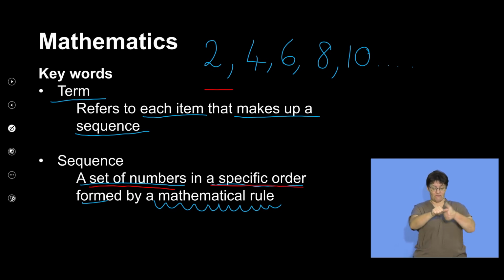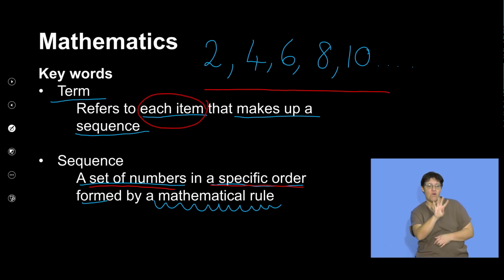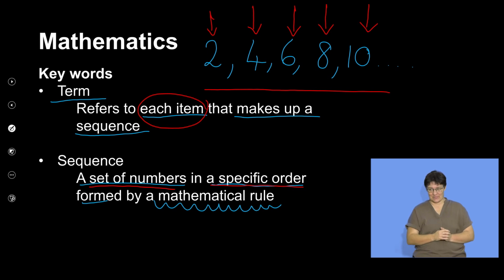A term refers to each item that makes up a sequence. So 2, 4, 6, 8, 10 is my sequence, but it's made up of certain parts. So 2 is a term, 4 is a term, 6 is a term, 8 is a term, and 10 is a term. Each of these make up the sequence.